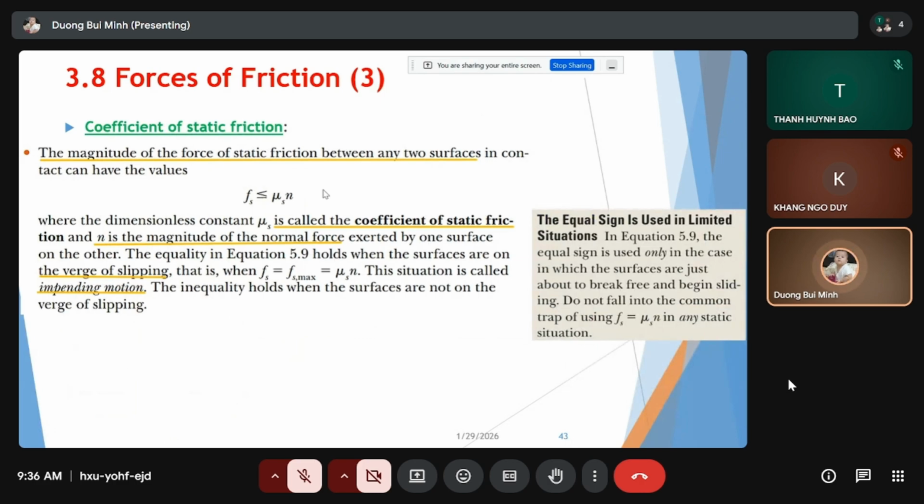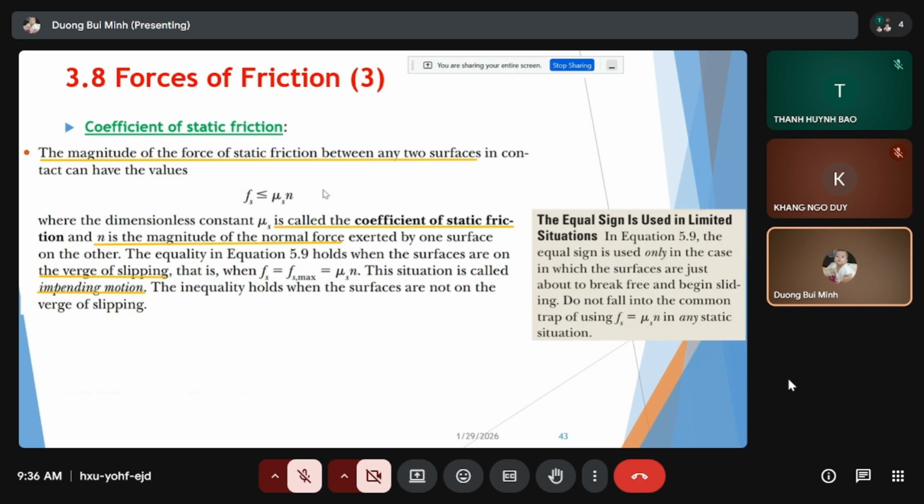So we have two questions: how can we calculate Fs and Fk? We have the boundary of Fs. Fs is less than or equal to mu s times N. They don't use K, they use mu s times N, where N is the normal force.